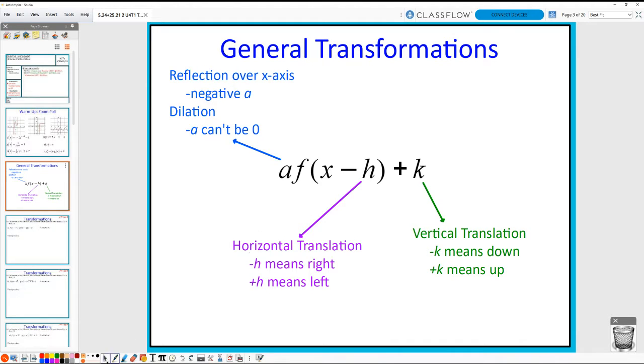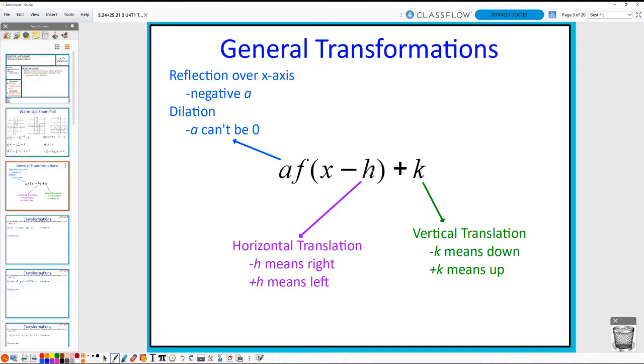Now, I do want to emphasize that if you are adding or subtracting inside the main function, you can see that it's f of x minus h. It's inside this function. It is a horizontal translation, and the sign is opposite.